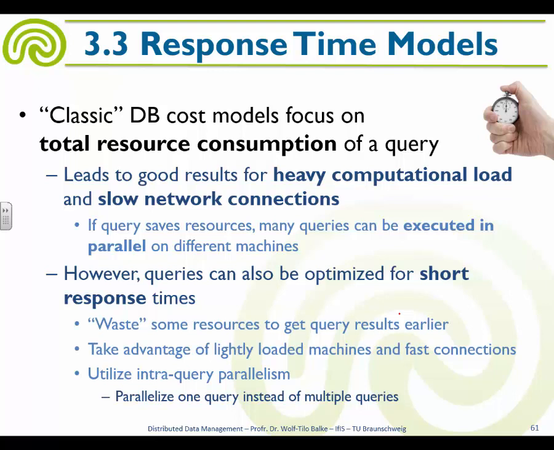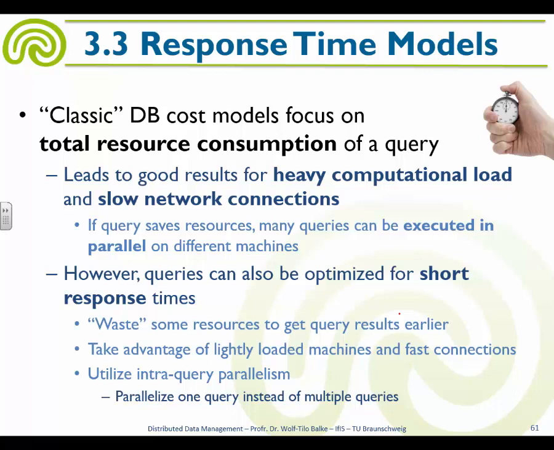So the last thing we want to do today are response time models, and the idea also comes from the classical databases. So if we look at normal databases, then the cost model that is used is a mixture of different times that are needed, right? So you have the number of disk accesses that is usually minimized. Why is that?